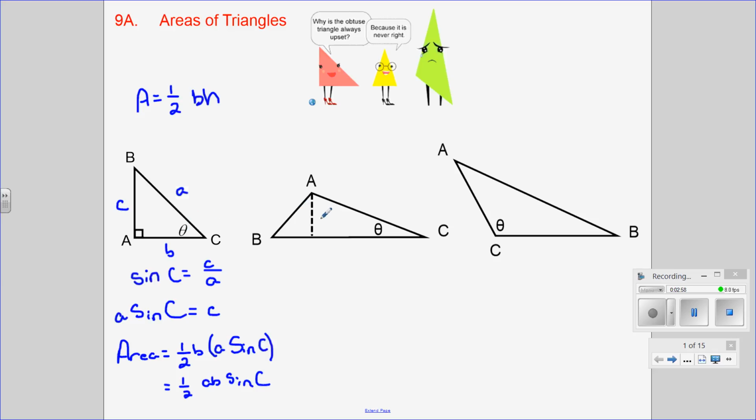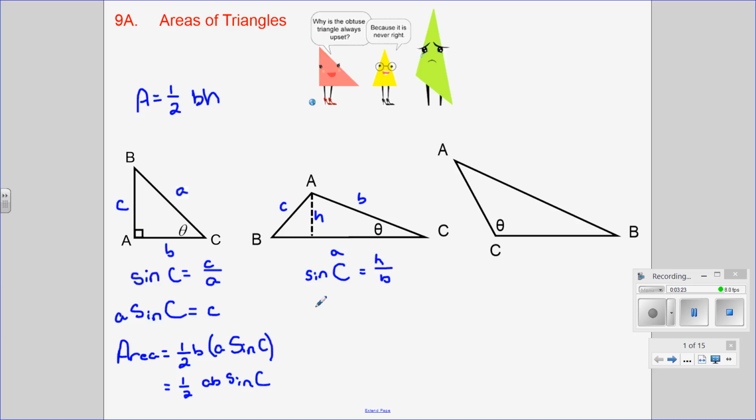Similar idea in the second case with an acute triangle. We can call this little c, little b, little a, and maybe this is our height, so we'll use h on this one as well. Again, I can use sine of big C, where theta is, equal to h divided by b. I need to know what the height is if I'm going to find the area of the triangle.